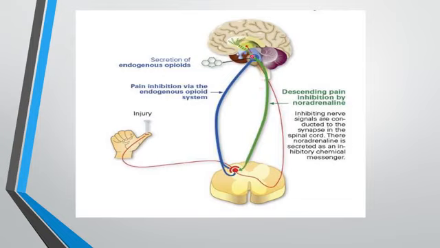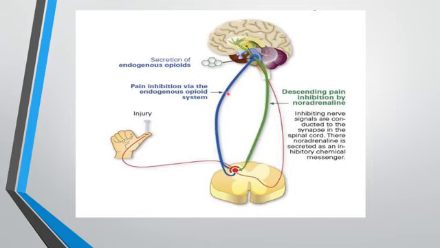While it is going, from the brainstem or from the hypothalamus area, other pathways descend. These are the descending pain pathways or descending analgesic mechanisms. There is secretion of endogenous opioids. This blue colored one is pain inhibition via the endogenous opioid system.